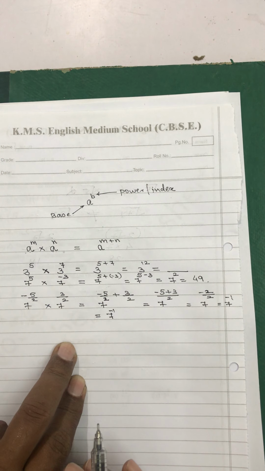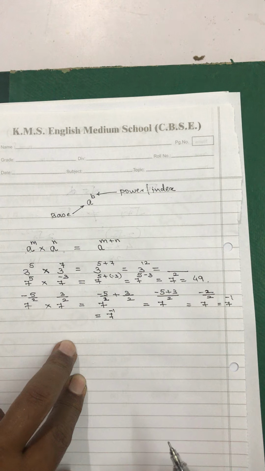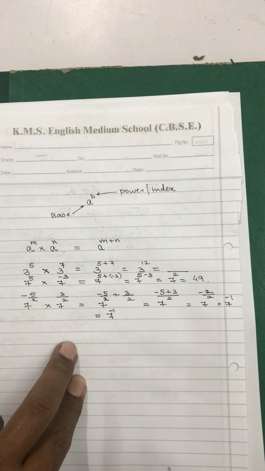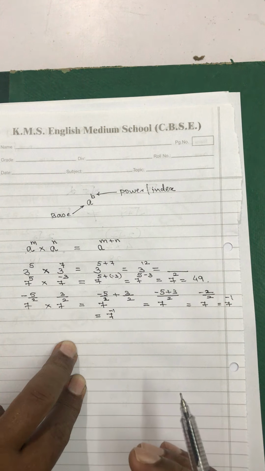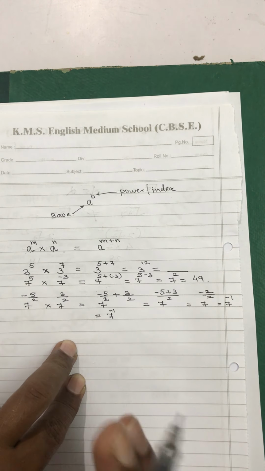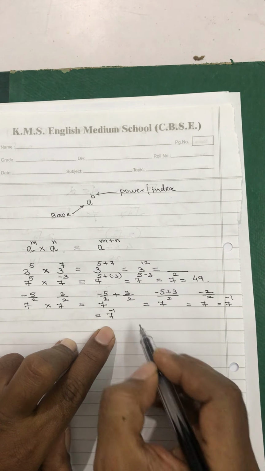Means if the base is in the numerator, shift it to the denominator. The base is shifted to the denominator and the sign of the power will change. If the base is in the denominator, shift it to the numerator, and the sign of the power will change. Like in this case, now it is 7 raised to the power of minus 1.